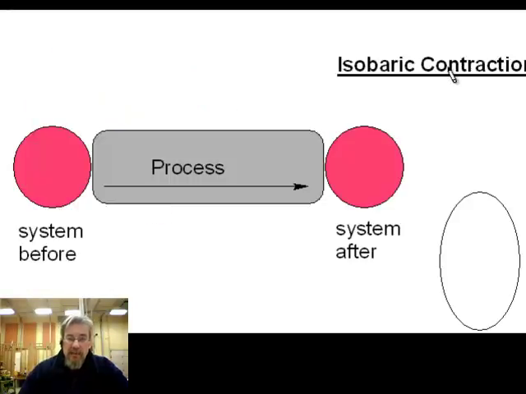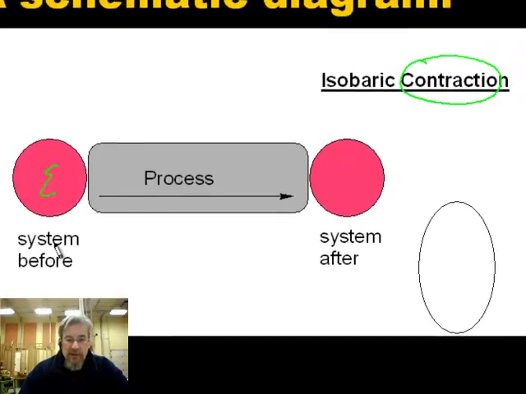So looking at our schematic diagram for an isobaric contraction or compression, here's our initial system energy. The process involves energy going in through work from the surroundings, and then a greater amount of energy going out through heat in order to drop the temperature, not allow it to either stay the same or go up.